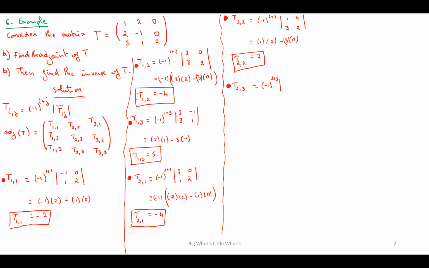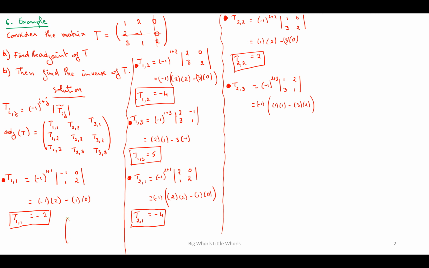Okay, if we delete the second row and third column, we will be left with 1, 3, 2, 1. We have minus 1 multiplied by 1 minus 3 by 2. We all know how to get the determinant of a 2 by 2 matrix, okay?